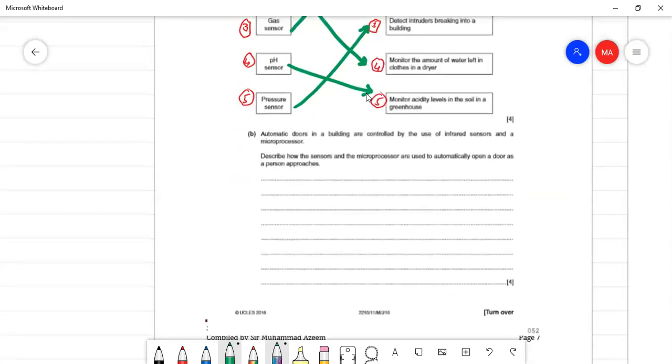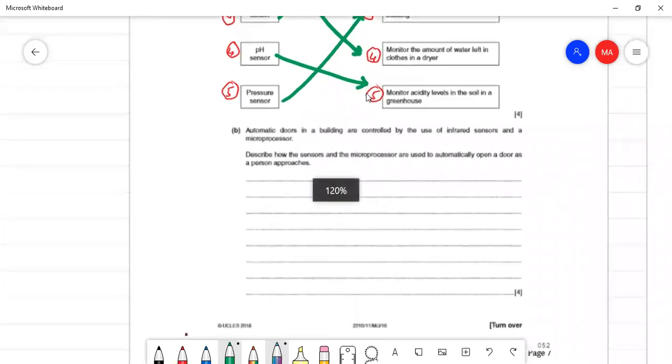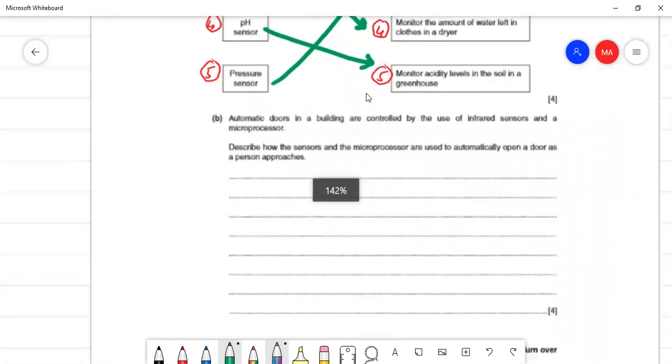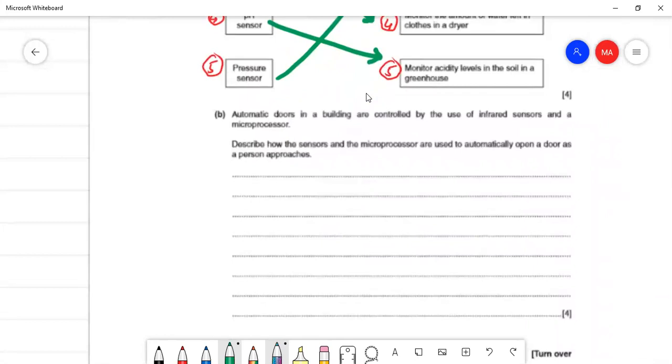Okay, now this part B is related to scenario-based questions.